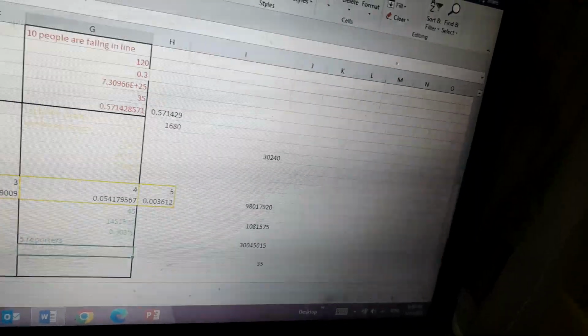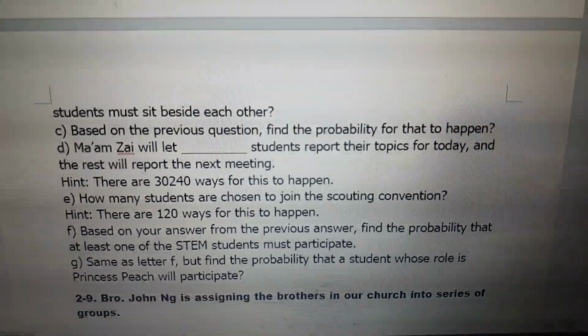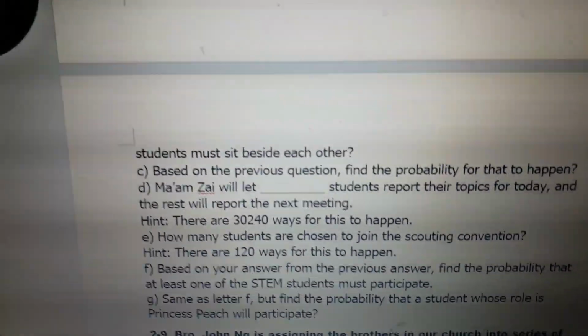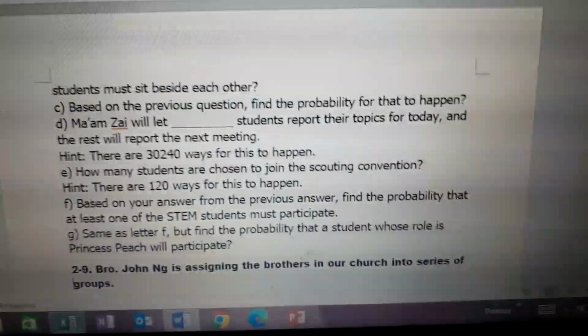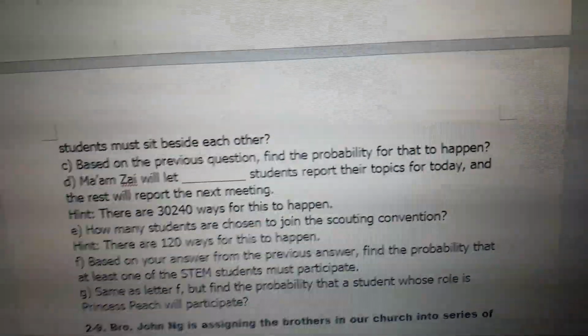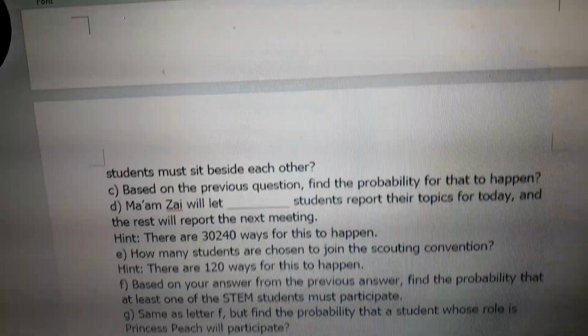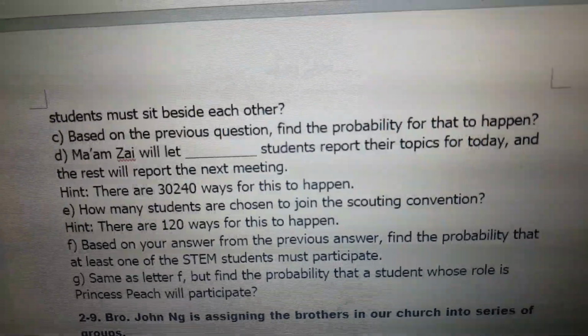Next question, letter E. For letter E, it says here, how many students are chosen to join the scouting convention? Hint, there are 120 ways for this to happen. So class, in this particular concept, there are how many students chosen to join a scouting convention. The clue there is there are 120 ways for it to happen.